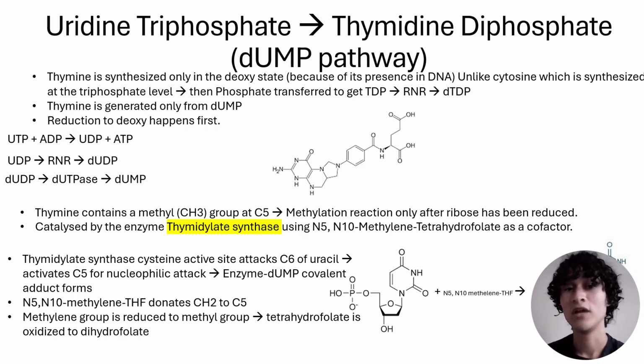So you go from deoxyuridine monophosphate to deoxythymidine monophosphate, which will then undergo another two stepwise phosphorylation processes by its respective kinase enzymes to give you a DNA-ready nucleotide, thymidine triphosphate.